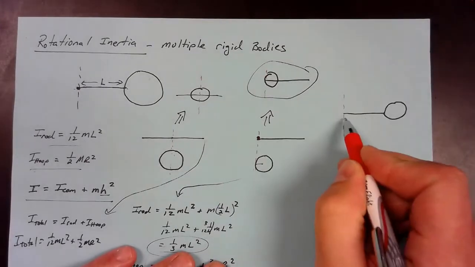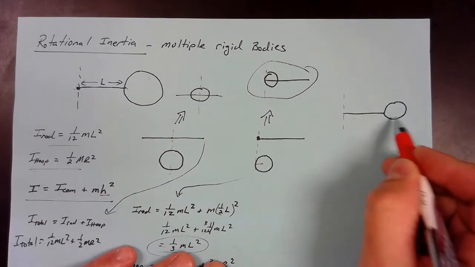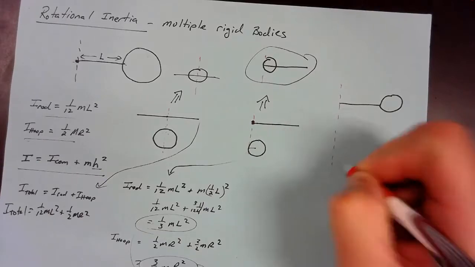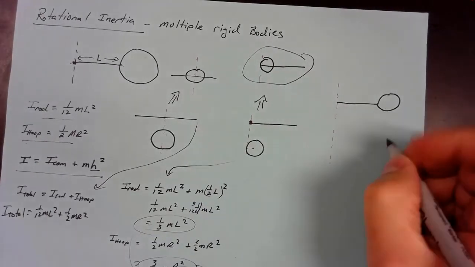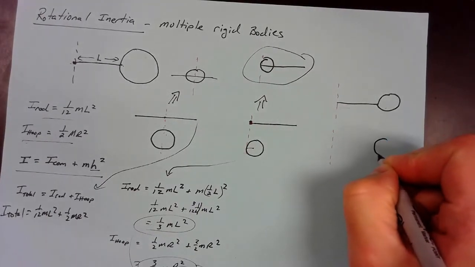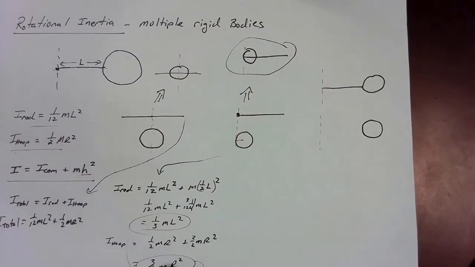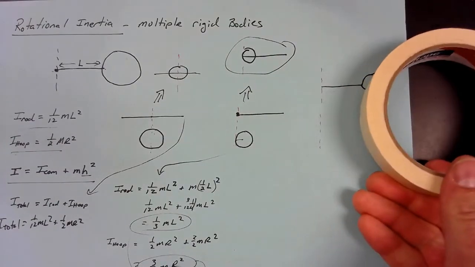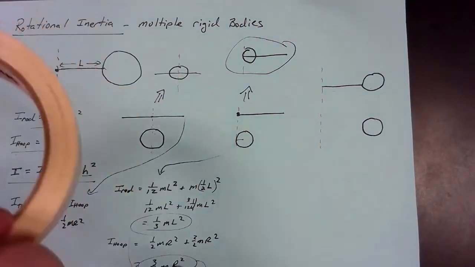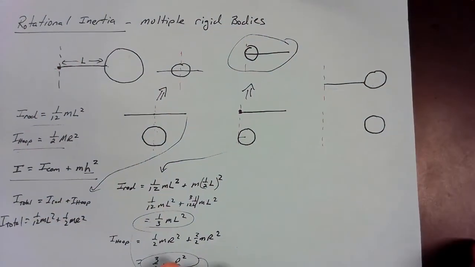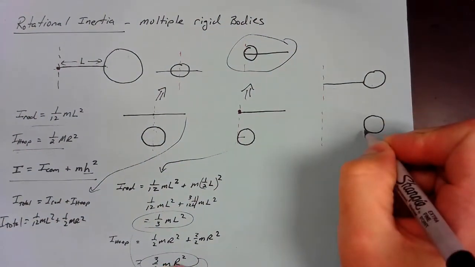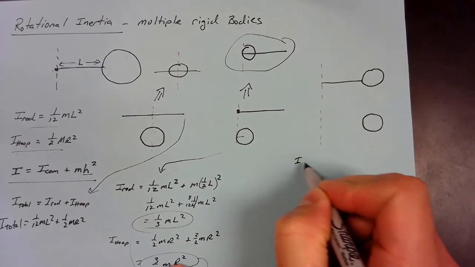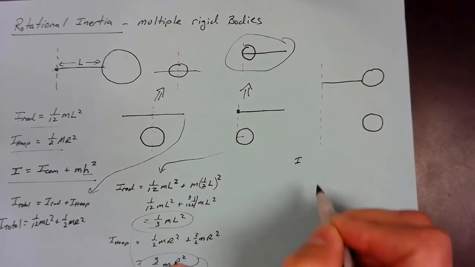We don't have to do anything for the rod now, we just have to figure out for the hoop. All right, that's what we need. So that hoop would just be around some axis, rolling around it in space. And that's a distance L away.